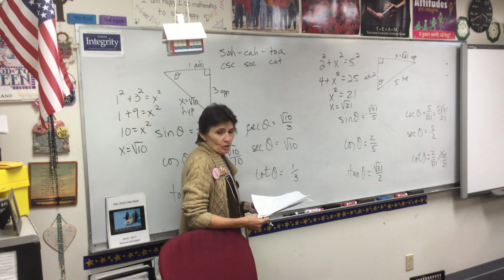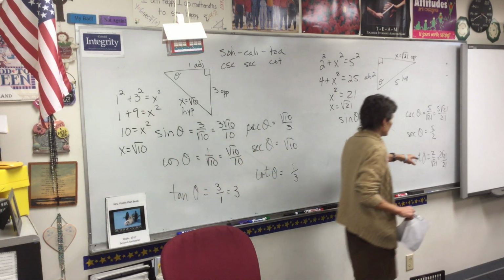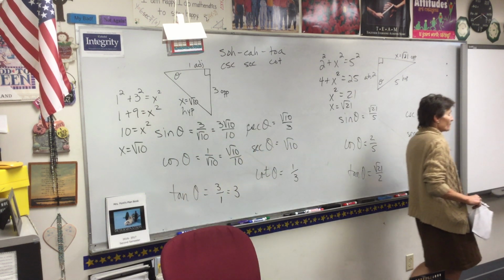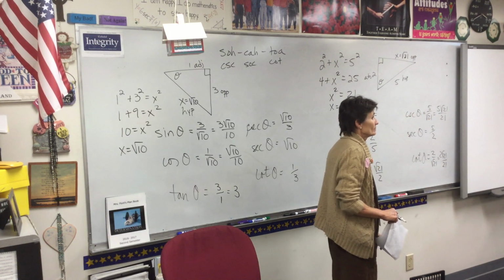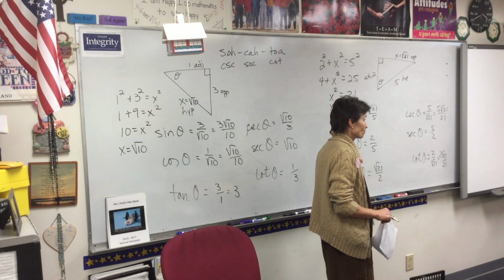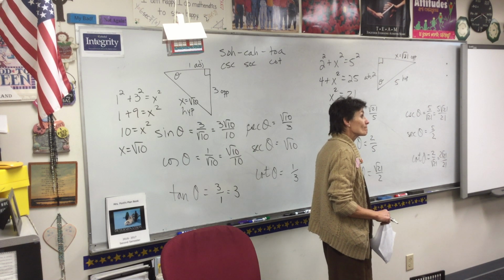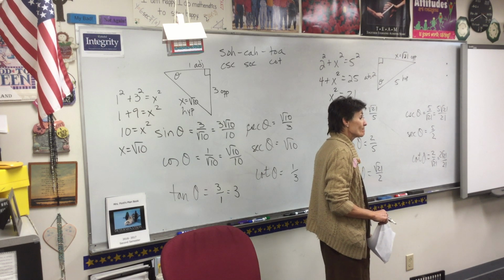Any question about this? Did you remember to rationalize over here? Make sure that radical is in the top, not the bottom. When you were writing out the names, do you have to put the theta? You do. Yes, you do.